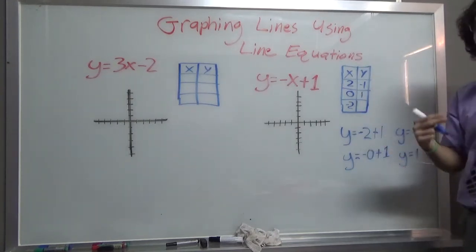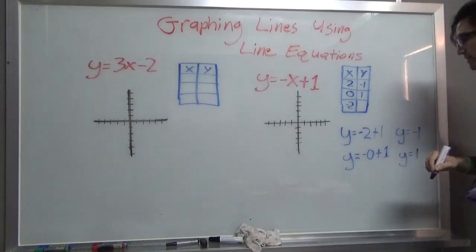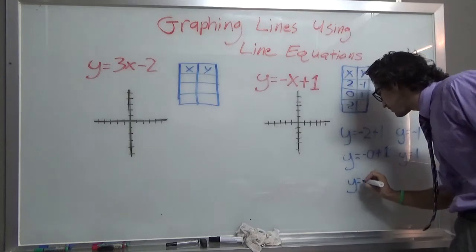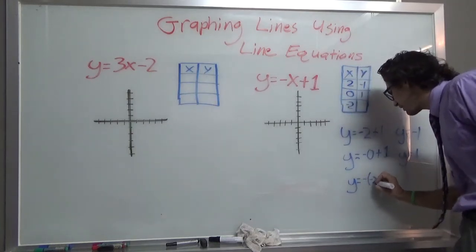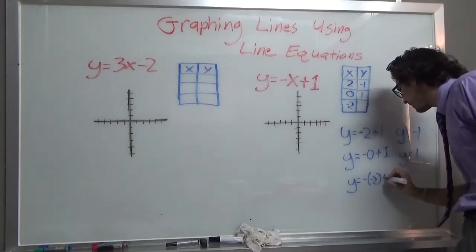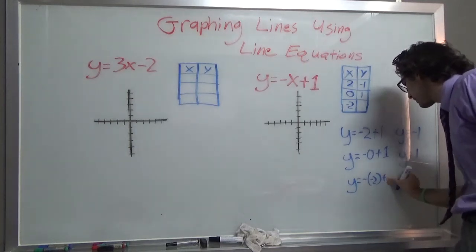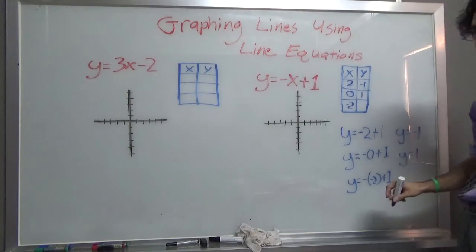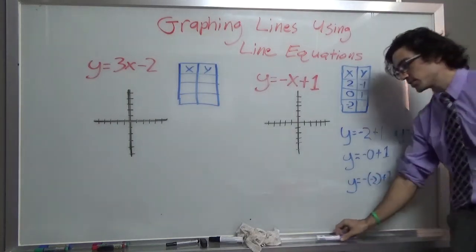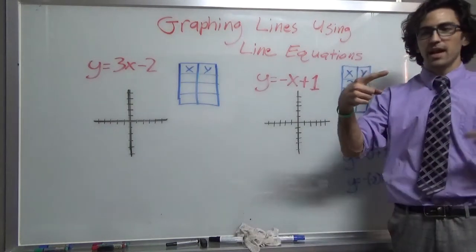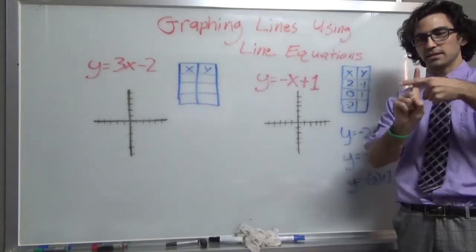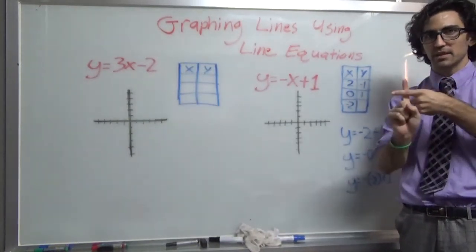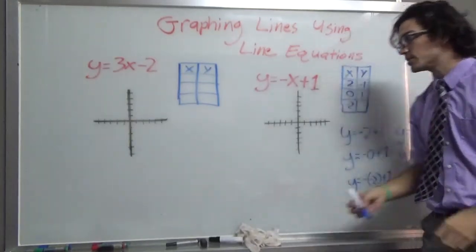Now let's put in negative 2 for our x value. If I say y is equal to negative negative 2 plus 1, let's do the other one. Well, negative negative 2, I like to do this. It's the same as a positive, just like if you minus a negative number, it's the same as adding to that number.